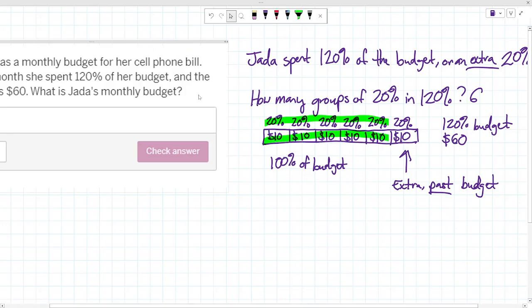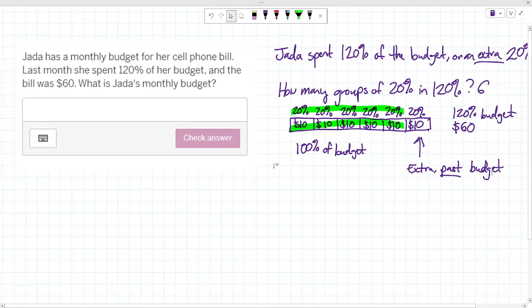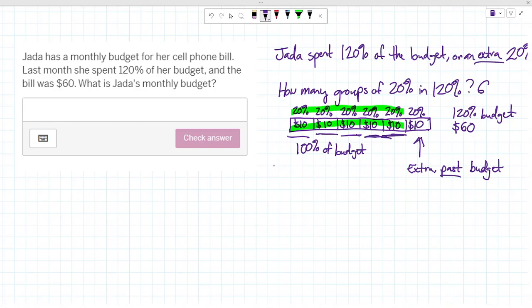So what was her monthly budget? We see 10, 20, 30, 40, $50. So Jada's monthly budget was $50.